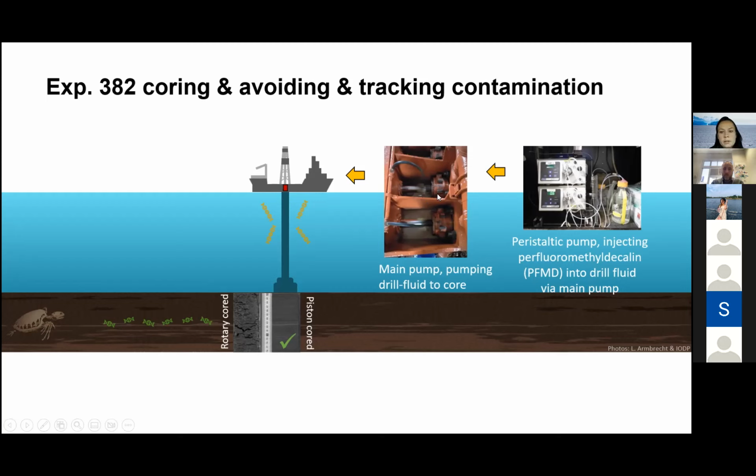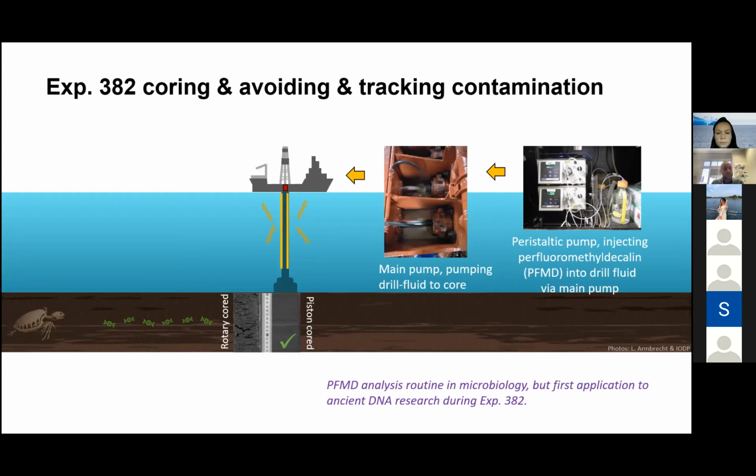We're connecting it to a different little pump, and then infuse the drill fluid with some chemical tracer. So constantly at a certain rate, we're putting that into here, and we can measure that along the core later on. So this is a non-toxic chemical tracer that we can use.